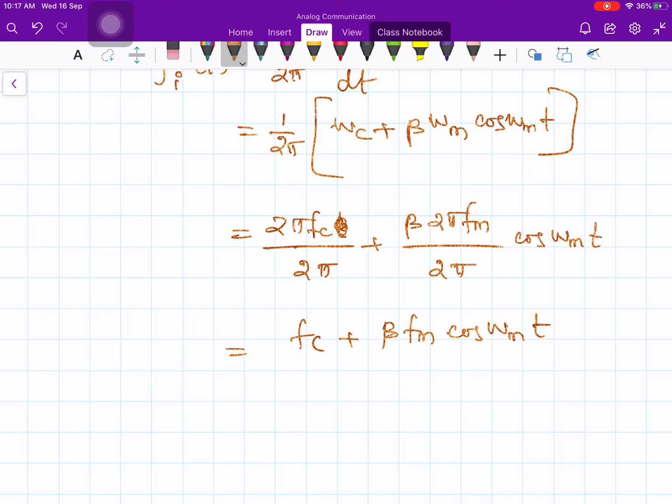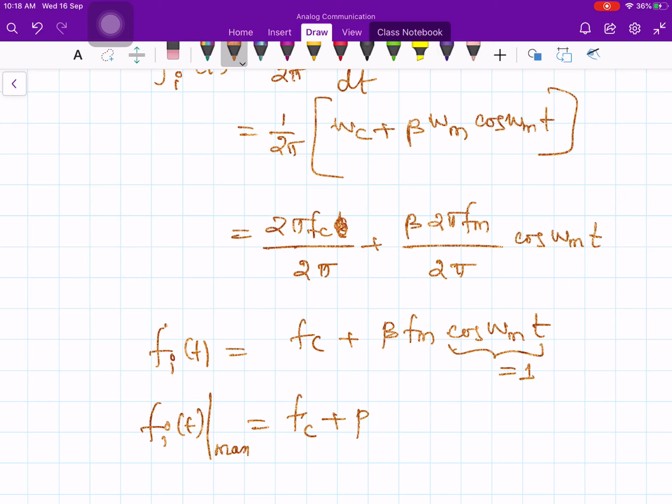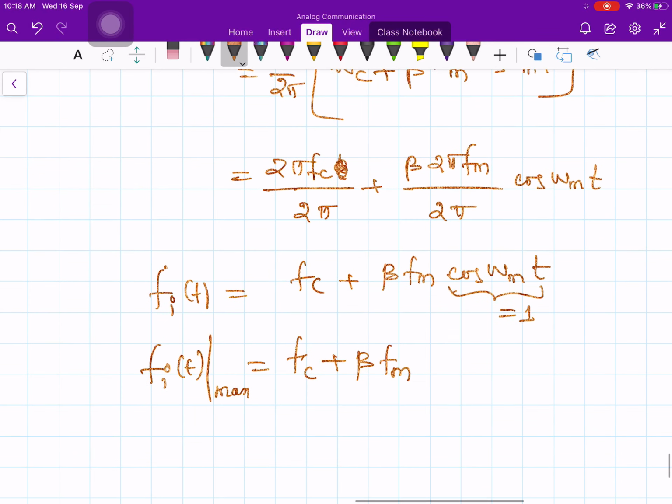Now can we give the physical meaning for this? What is the maximum value? This is my fi of t. fi of t maximum is equal to fc plus, at the most this guy can be 1, your cos function, right? Therefore beta times fm. What is your fi of t minimum?